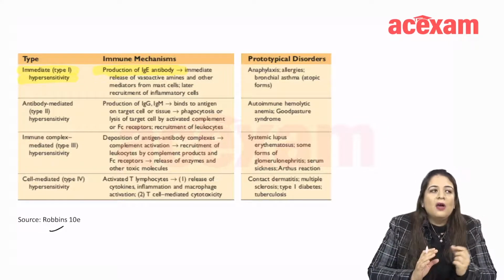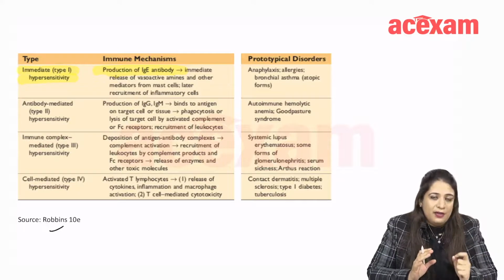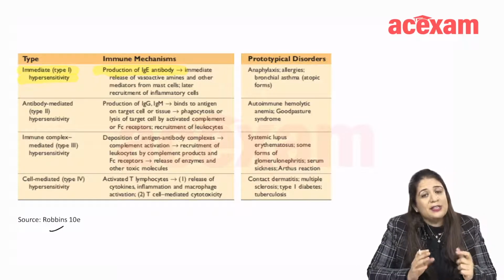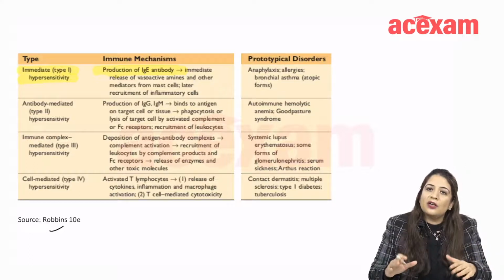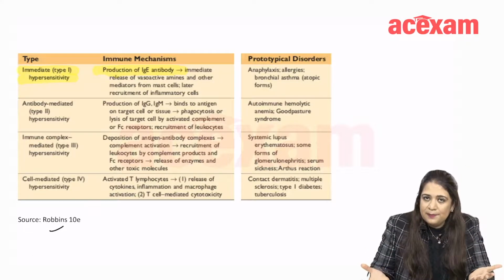The next time there is re-exposure to the allergen the individual is sensitized to, that results in cross-linking of the IgE on the surface of mast cells.